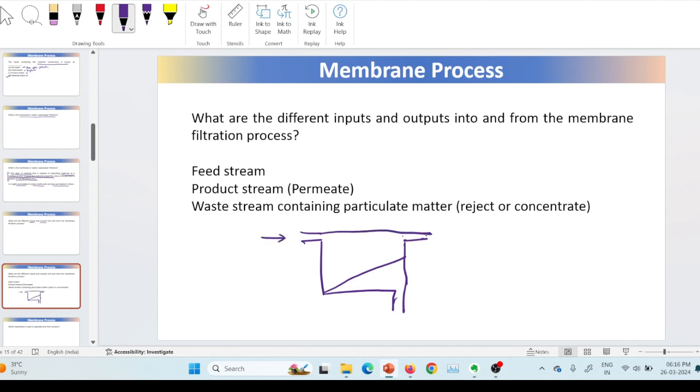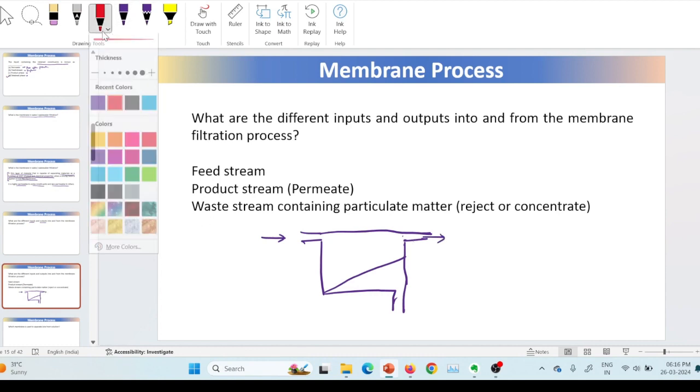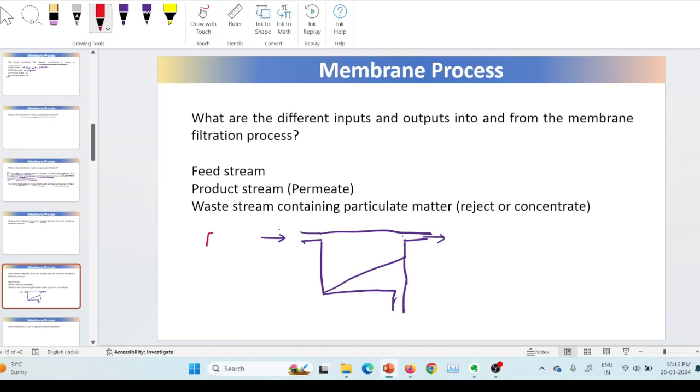This is the membrane, and this is the feed stream.